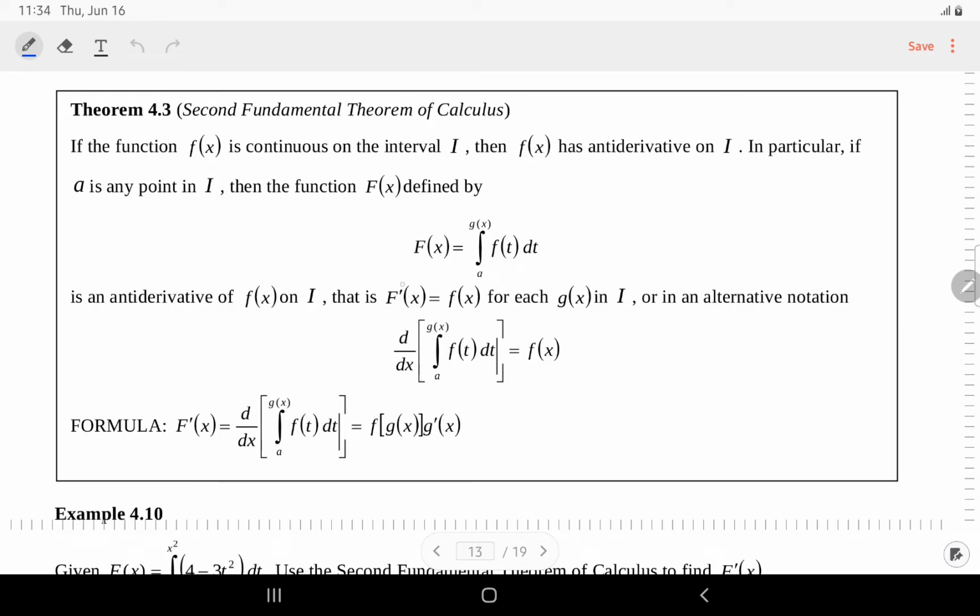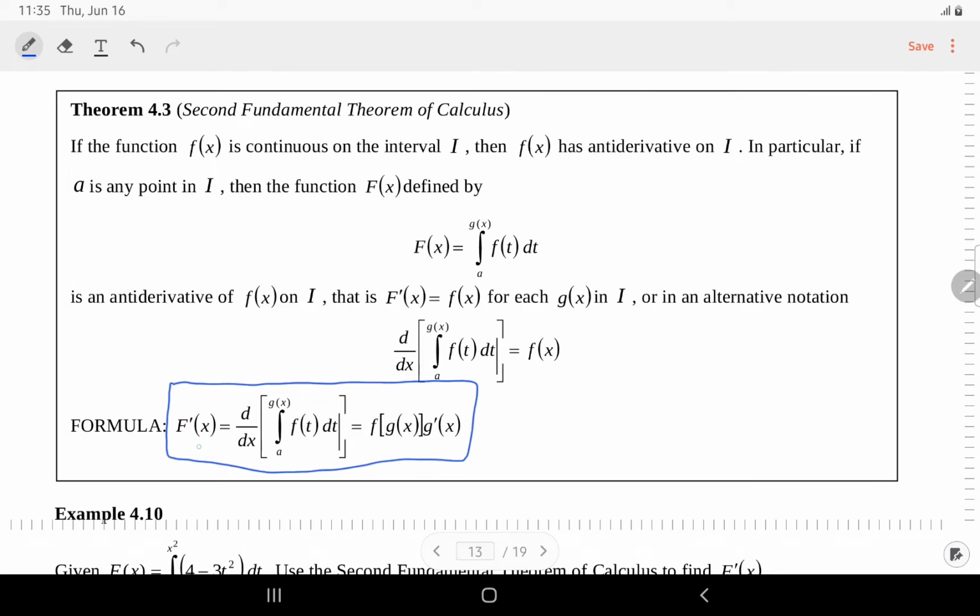You can simply look at the last line in this theorem, which is here. We call it the second fundamental theorem of calculus: the derivative of the integral of the function f of t equals f of g of x multiplied by g prime of x.